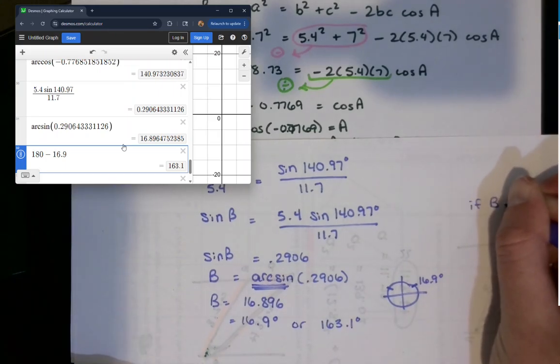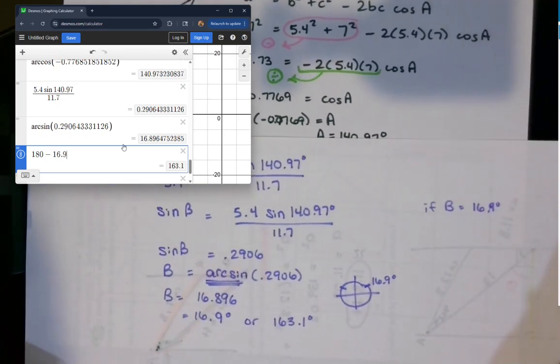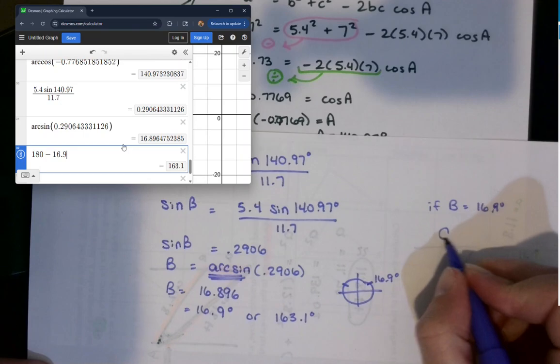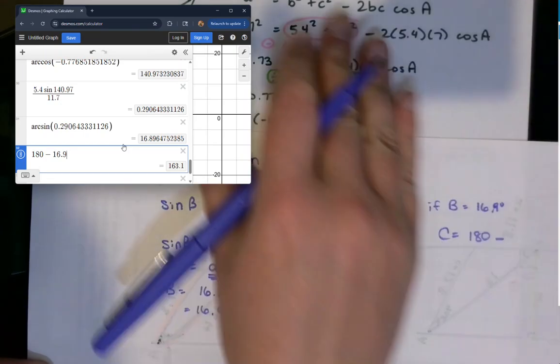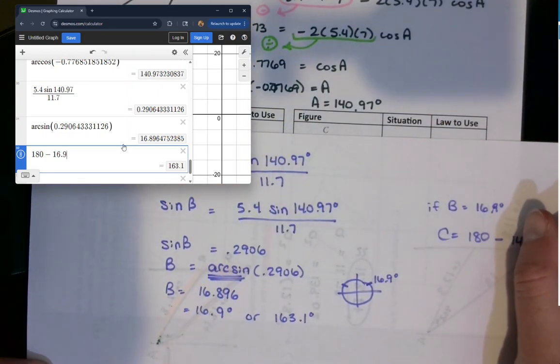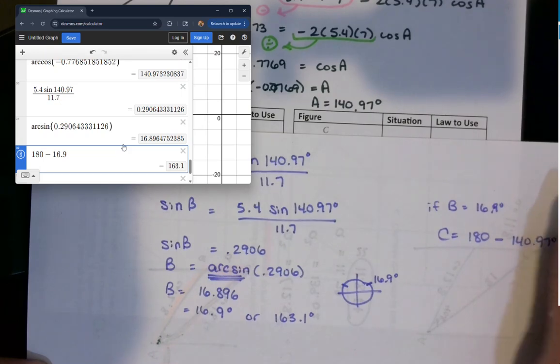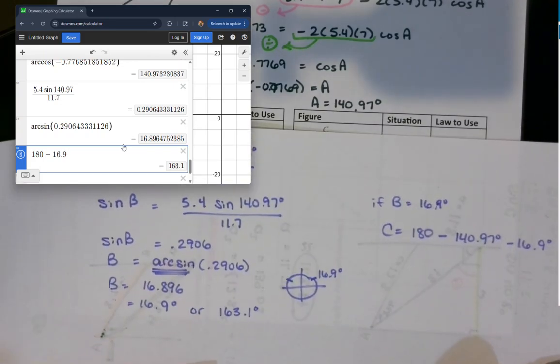If B is 16.9 degrees, then the missing angle C is 180 minus angle A, there it is, which was 140.97 degrees minus the 16.9 degrees.